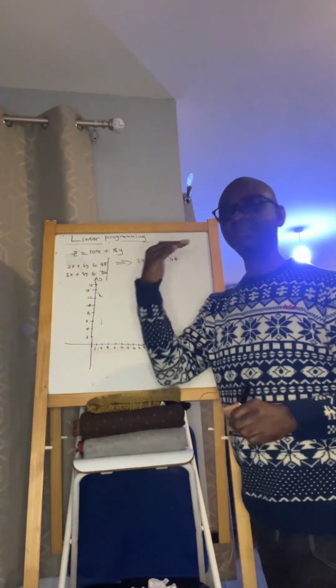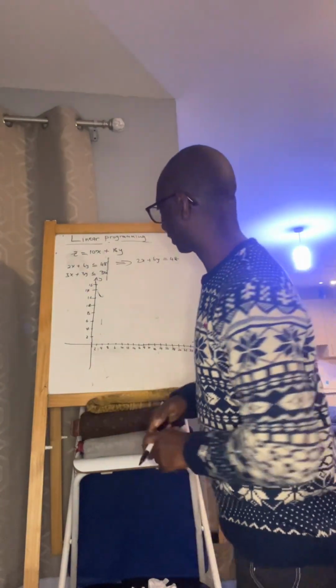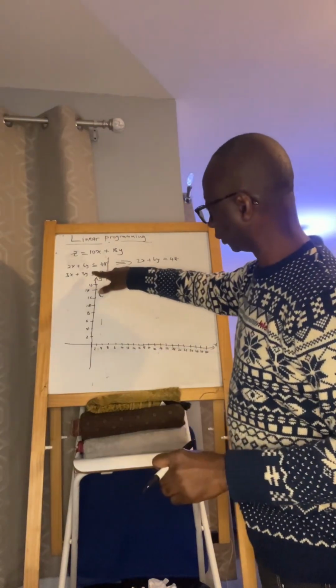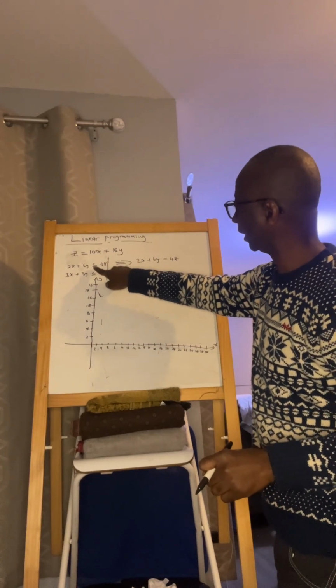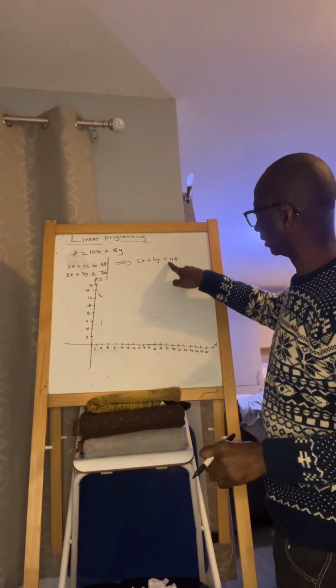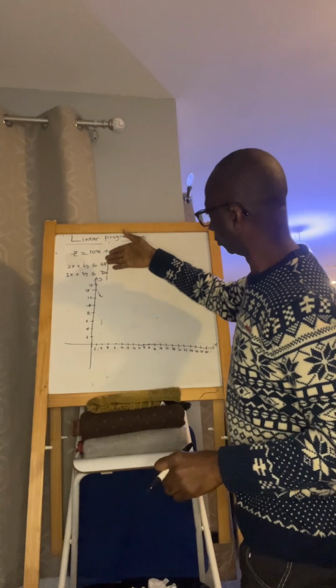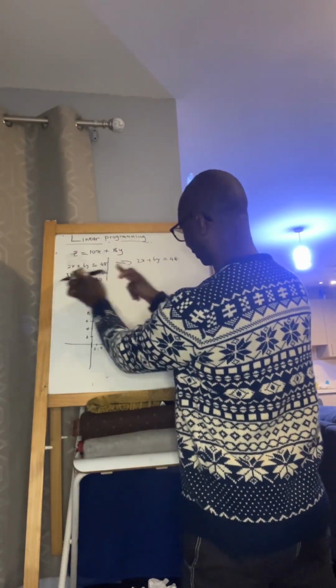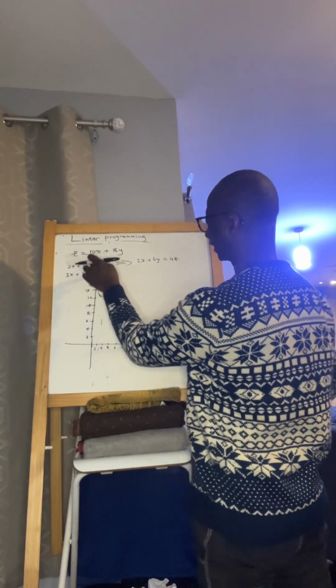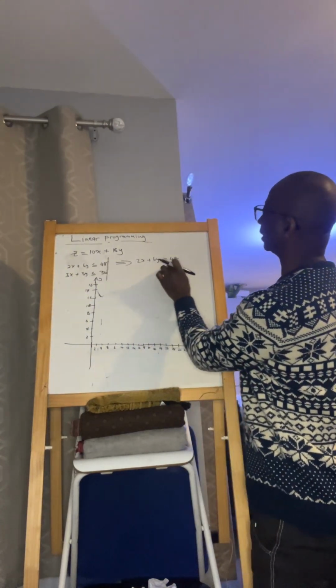If we use the other method, which is the simplex method, then we'll introduce slack variables here because we are changing an inequality sign to an equality sign. And we can see these two equations are not exactly the same. This was less than or equal to 48. Now we are saying it's equal to 48.